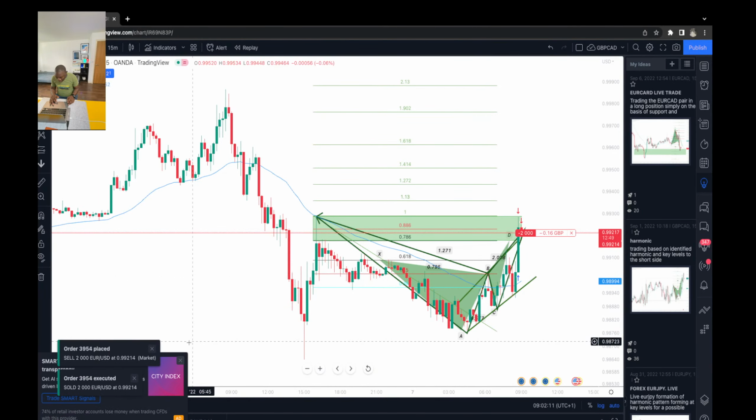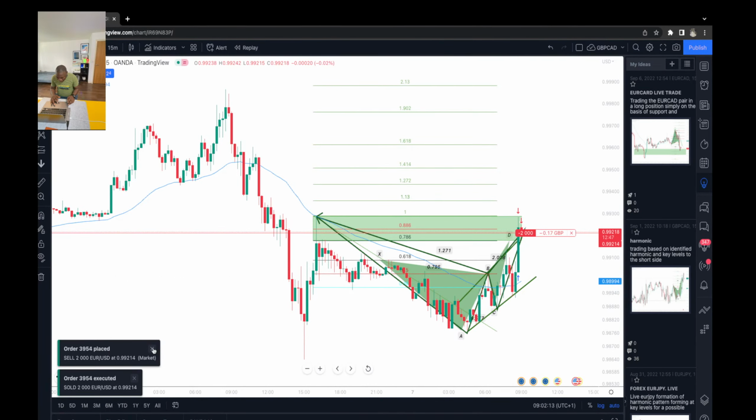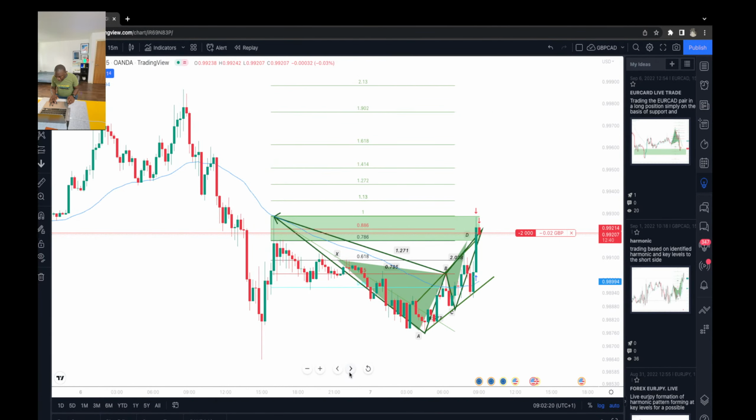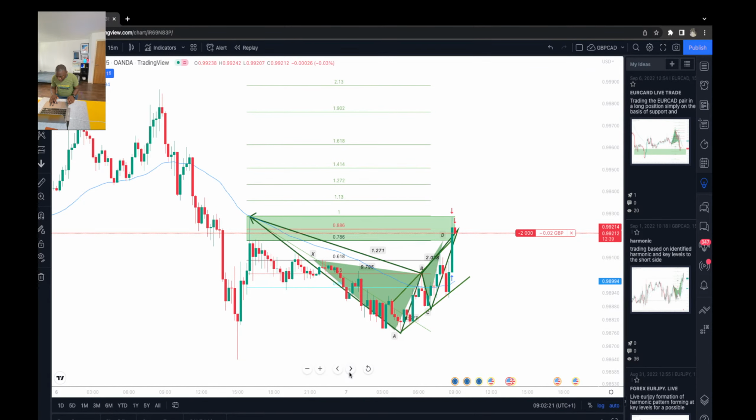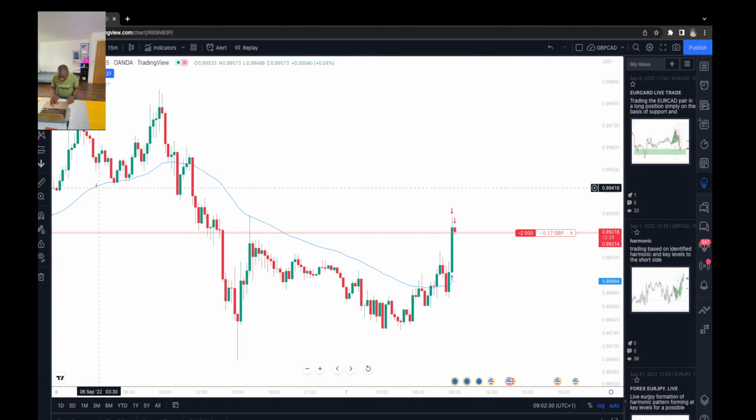So what we have here, I don't know if you can see it, are two harmonic patterns forming around the same sort of area. First is a back pattern, which is this one here. Let me delete all of this so it's clearer to everyone. So a back pattern normally has a 50% retracement level.